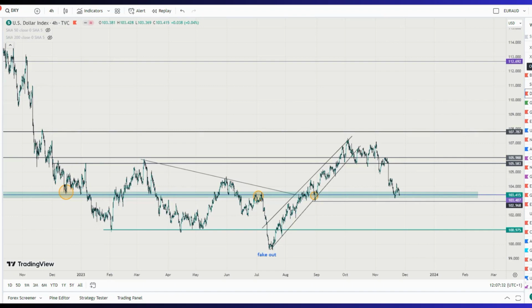Last week was another busy week in the forex market. The currency that led the market last week is the USD, which was strong across the board. The weakest currency last week has to be the Japanese yen, which declined after we saw the strength coming in the last couple of weeks.